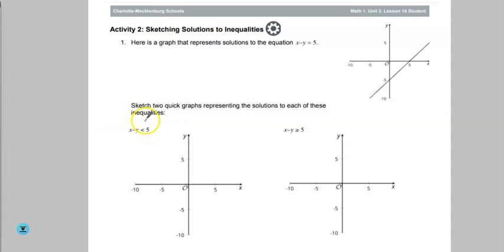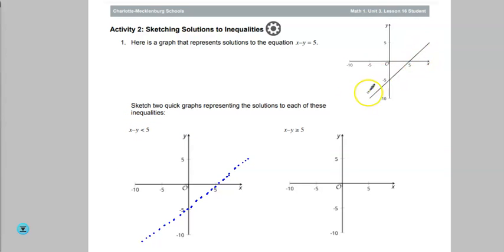So in this one, it's no longer or equal to like this one. It's only less than 5. So if we don't have the or equal to, this solid line is going to become a dotted or a dashed line. It's not solid anymore because that line wouldn't work.